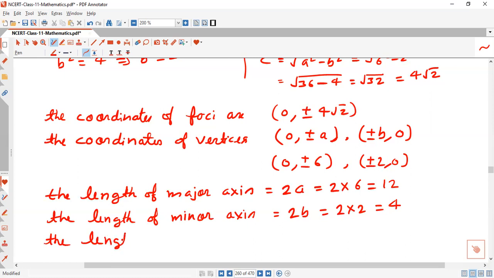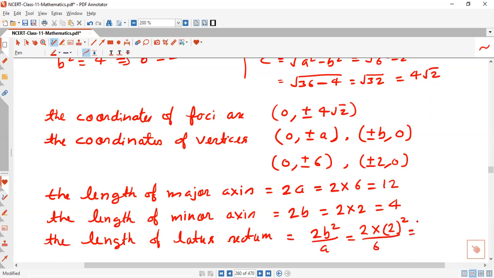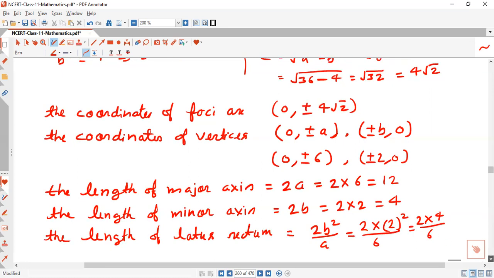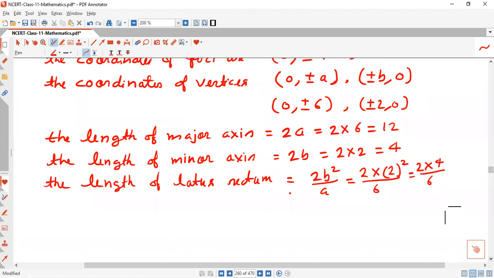The length of latus rectum will be, you know, the formula is what? 2b square by a, and we say 2 into 2 square by 6. So 2 into 4 by 6. So 8 by 6, or you can say better, 4 by 3. So it comes out 4 by 3.